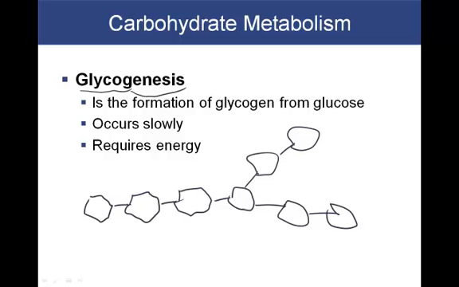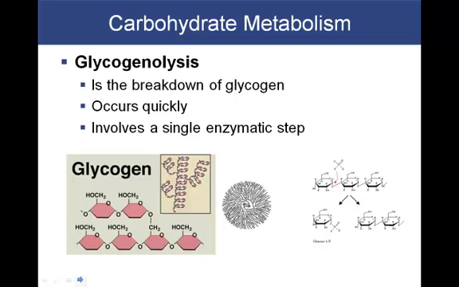When our blood sugar drops, this molecule is mobilized and it undergoes a reaction that releases glucose into our system. That reaction is referred to as glycogenolysis, or lysis rather, glycogenolysis. Glycogen lysis, the breakdown of glycogen, a very quick reaction that involves a single enzyme.